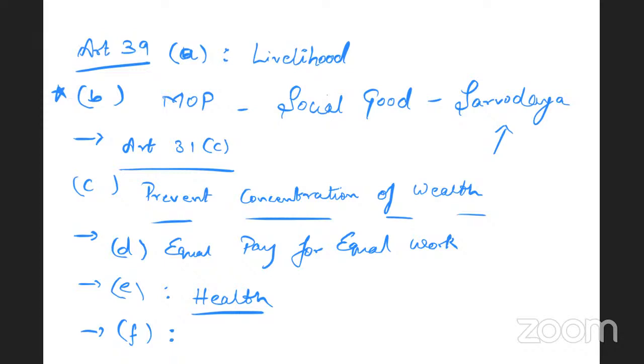Clause F says that the state is to promote the development of children in a healthy manner in conditions of dignity and freedom, and to protect children and youth from exploitation and moral violation or abandonment. Okay, so these are the various provisions in Article 39. Now let us discuss Article 40.